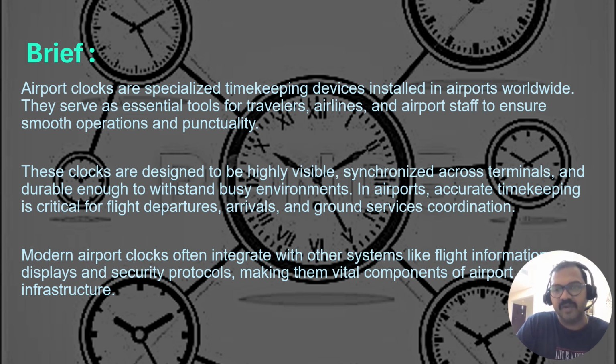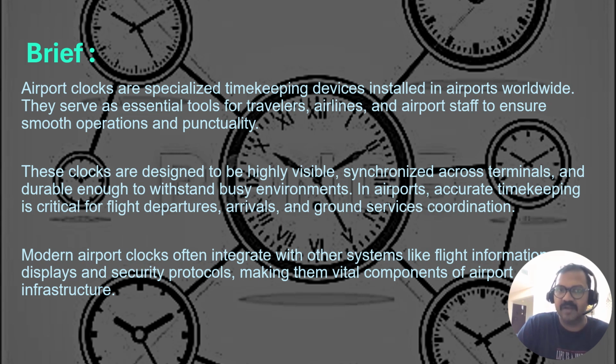Time accuracy in the airport is very important and critical for flight timing, operation, communication and safety features. The purpose of this system is especially for the FIDS, flight information display system, public address system, CCTV, access control system, baggage handling system, and ATC, air traffic control.